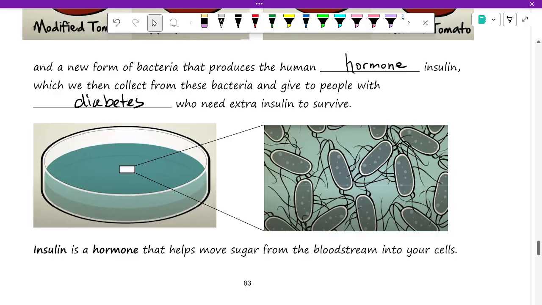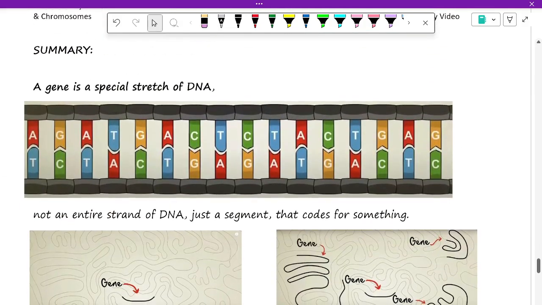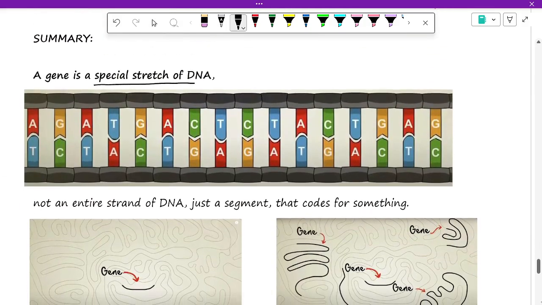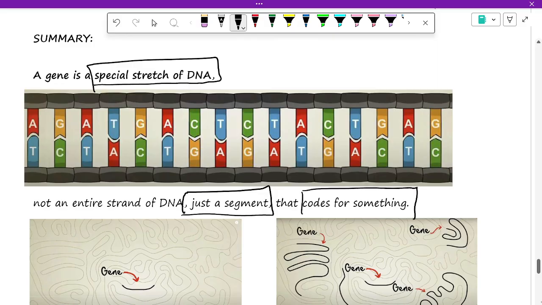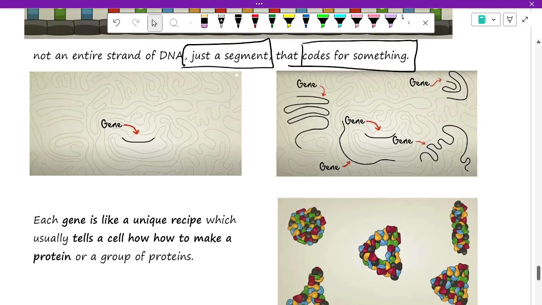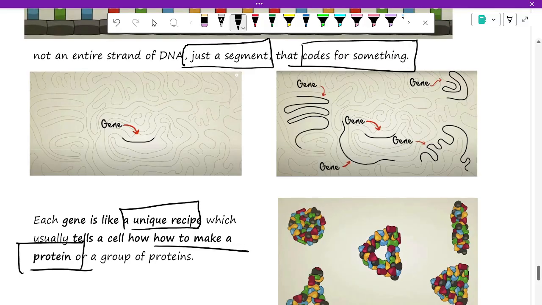Insulin is a hormone that helps move sugar from the bloodstream into your cells. A gene is a special stretch of DNA, not the entire strand, just a segment that codes for something. It is a unique recipe that tells the cell how to make a protein.